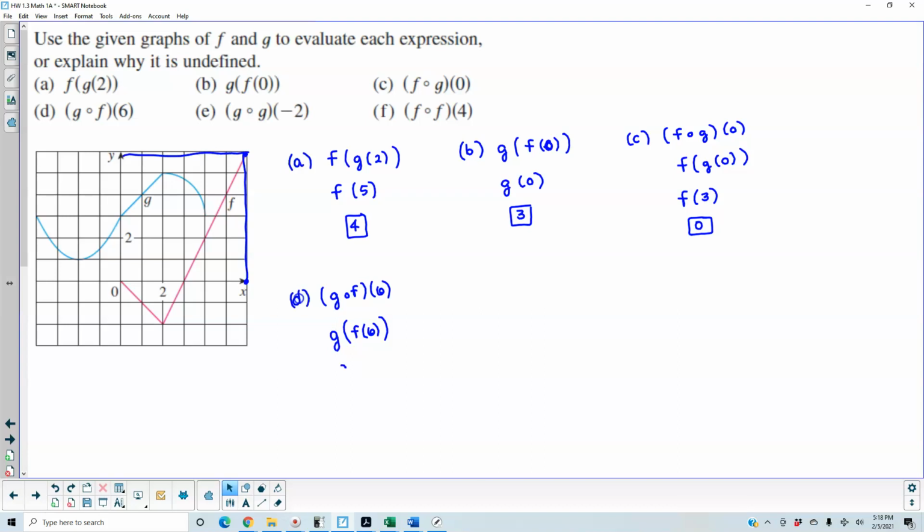Well, that gives us 6, so that means that's g of 6. Now if we go to 6 on the x-axis and try to find a point on the graph on g, well, it doesn't exist. So g of 6 does not exist. Therefore, it is undefined.